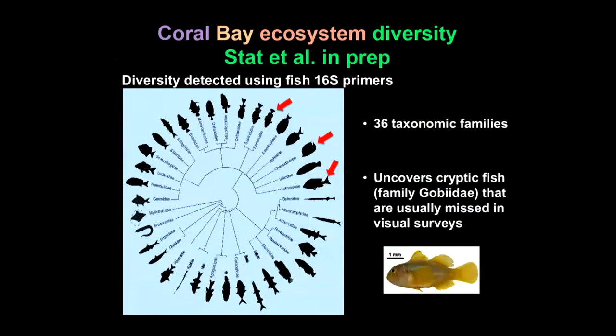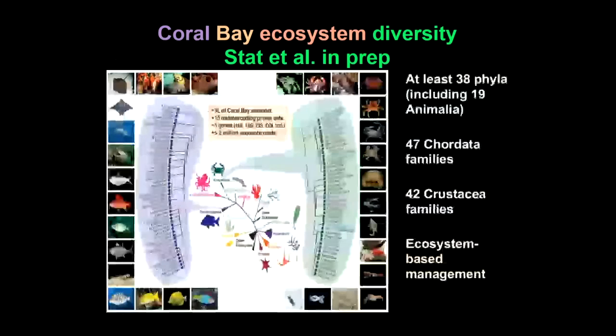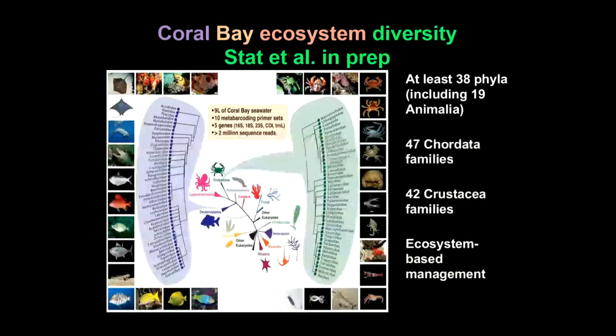So, tropical groupers and butterflyfish and emperor fish. More interestingly, he's recovered some of the cryptic fishes that you might miss. You might not include them in visual surveys because they're too difficult to pick up. And so he's picking up a lot of these cryptic taxa. When he expands from the fish primers to that metabarcoding primer set, he basically picks up everything in that water sample from the marine tree of life.